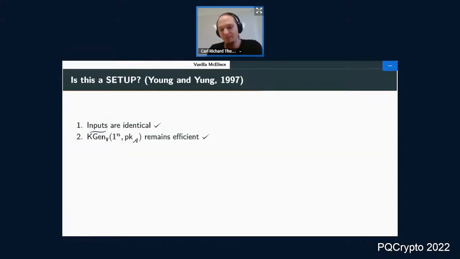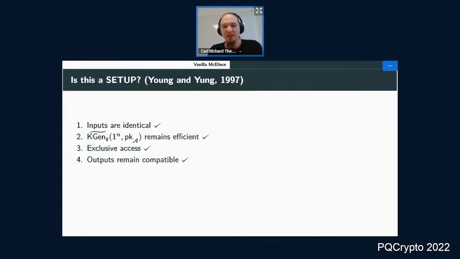Then we also need to make sure that the encryption is efficient, and the encryption for the adversary's instance remains efficient, so that the key generation overall remains efficient. This is also given here. We also need exclusive access, which is given by the use of some asymmetric scheme.